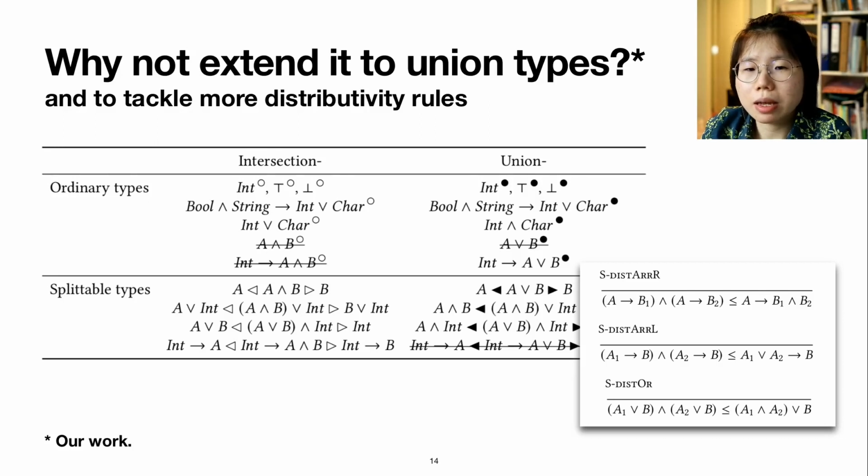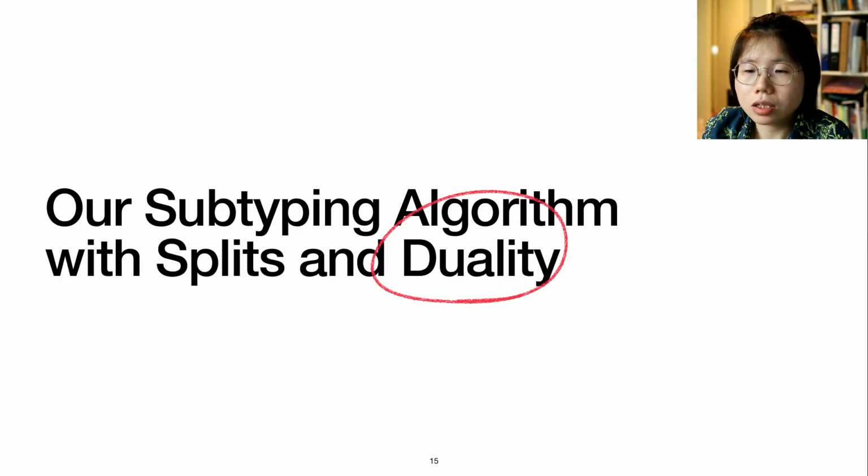We define them based on these three distributivity rules. And similarly, once we have done this, we generalize the algorithmic subtyping formulation on intersection and union types by using the corresponding splittable types to replace the intersection and the union types. So we have seen splits for now.